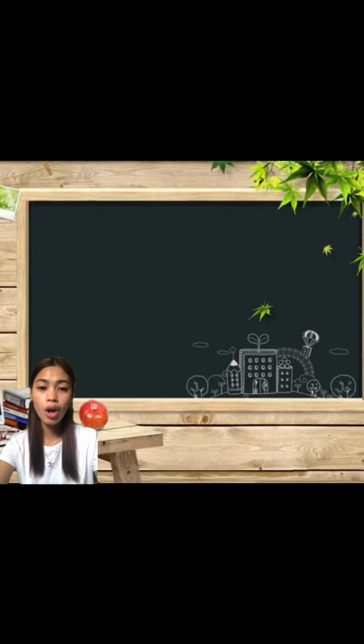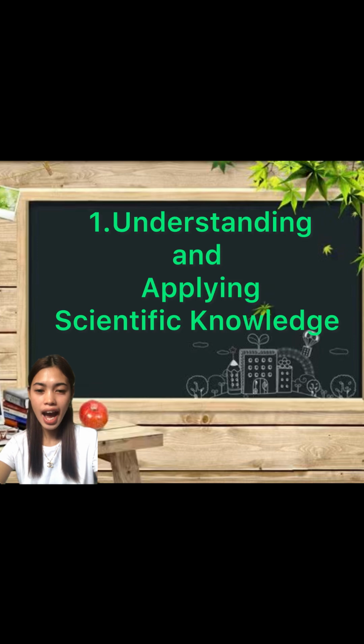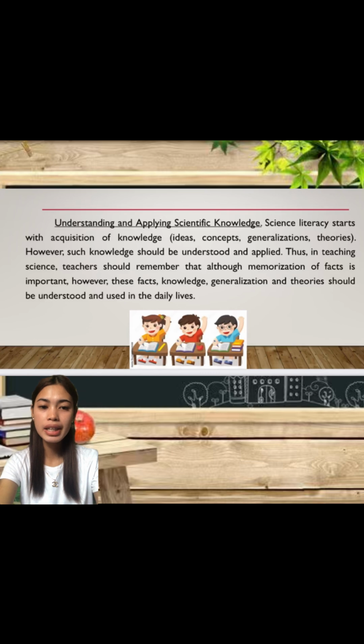First, let's talk about the first intervening skill, understanding and applying scientific knowledge. Let's read the meaning of understanding and applying scientific knowledge. Science literacy starts with acquisition of knowledge, ideas, concepts, generalizations, and theories.